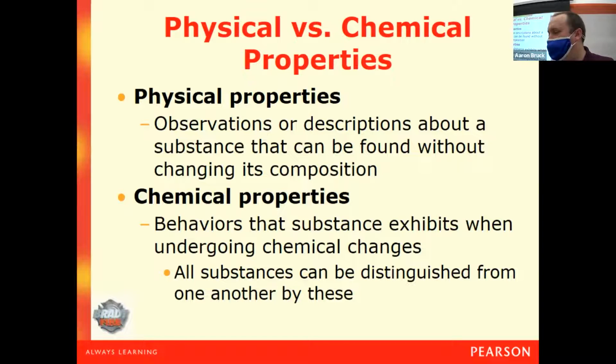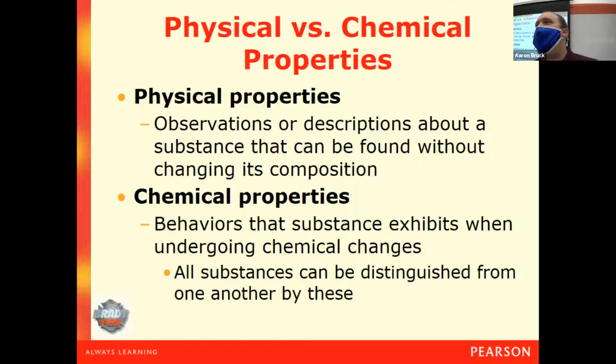This coffee is hot. This container is metal. This room is warm. This marker has a density. It has a mass. It has a volume. All of these things I can measure without ever manipulating the chemical composition of any of these substances.